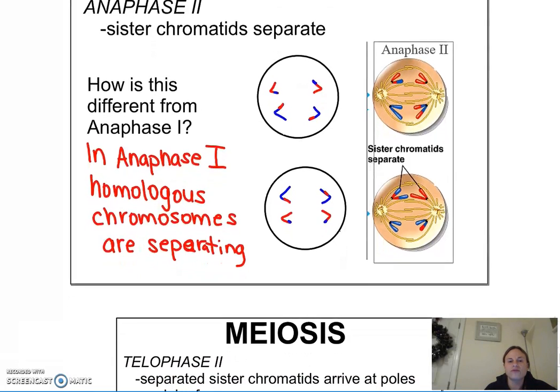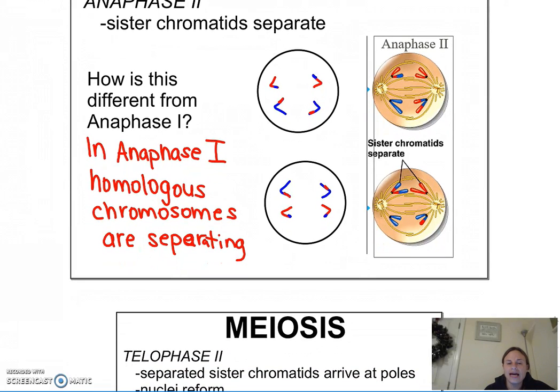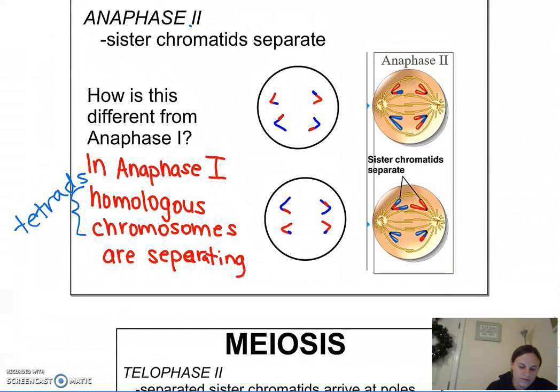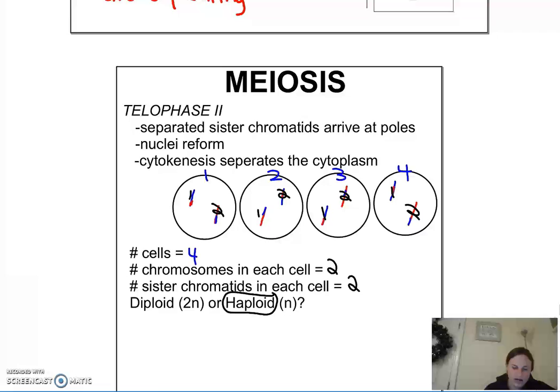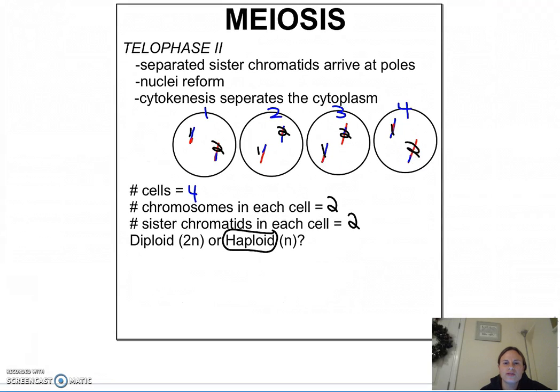So how is it different from anaphase 1? Well, in anaphase 1, it's those homologous chromosomes, or the tetrads, that are separating, whereas in anaphase 2, you've got your sister chromatids separating.